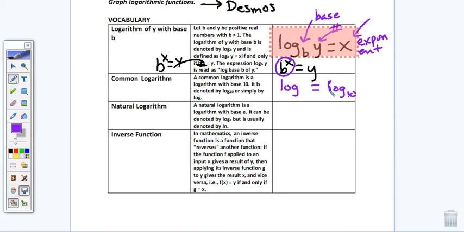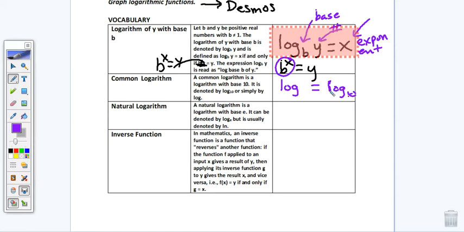Anybody having trouble locating the log button? Anybody using an iPhone or anything for a logarithm? I don't think it matters. Good? Okay. Make sure you're able to find a logarithm.